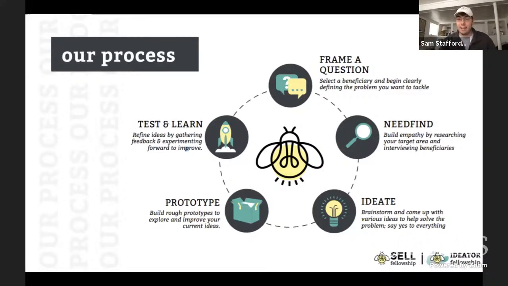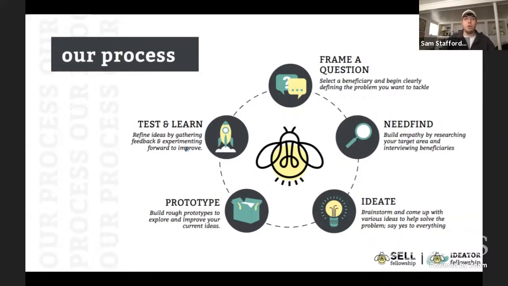And then you ideate. You brainstorm and come up with various ideas to solve the problem. You say yes to everything. You look at your beneficiary data, you look at your research, you fill holes, and then you basically figure out how you can be a change actor by ideating and by imposing new solutions. And then you prototype. So you learn from your ideation, you build a rough prototype to learn and explore your current ideas.